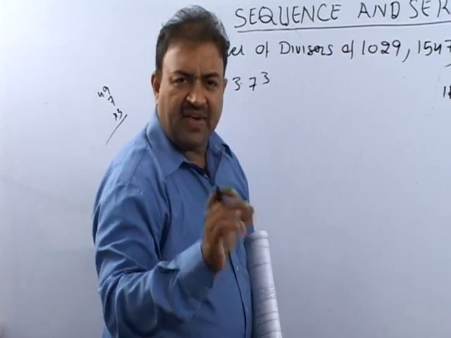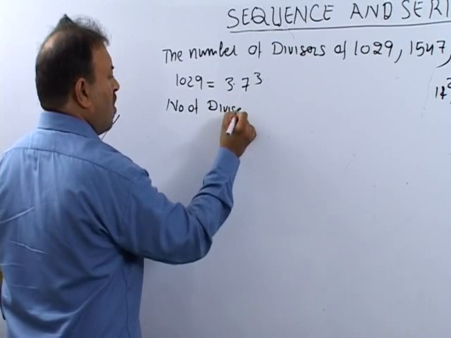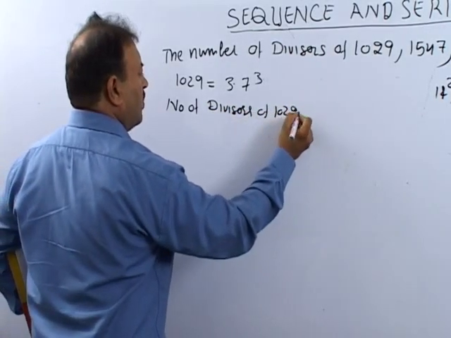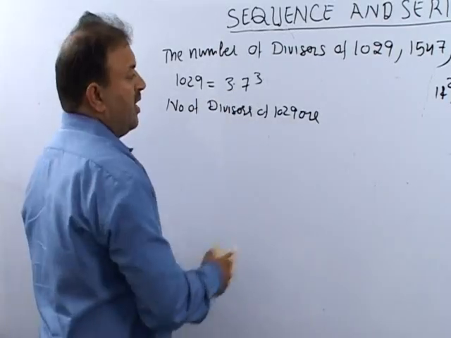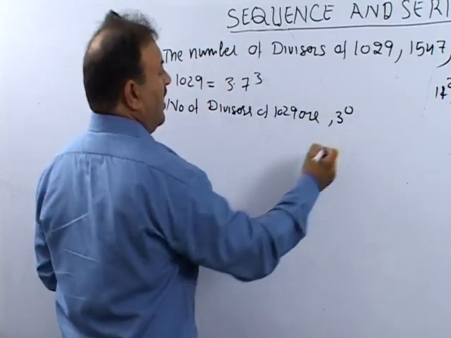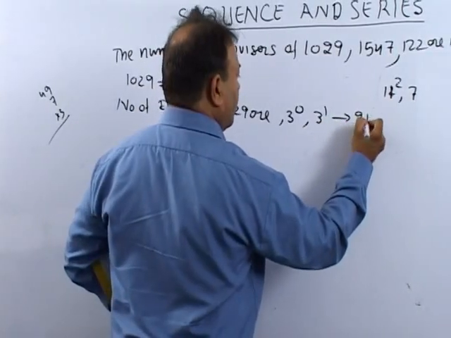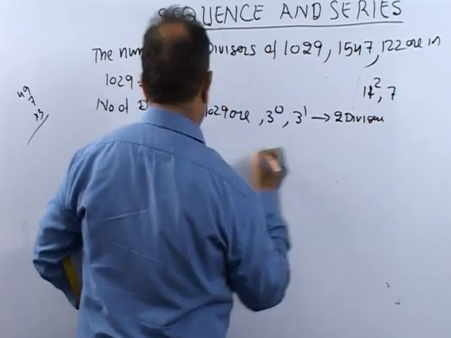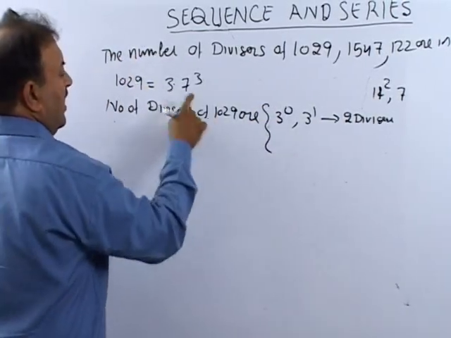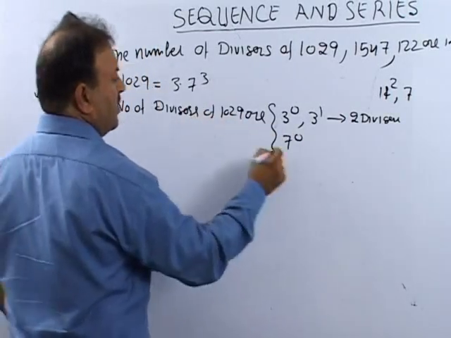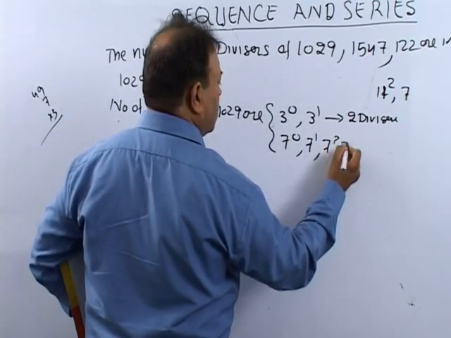Now we have to find the divisors. So the number of divisors of 1029: which ones will there be? One divisor is 3 to the power 0, another is 3 to the power 1. So 3 has 2 divisors. Now the number of divisors of 7: 7 to the power 0, 7 to the power 1, 7 squared and 7 cubed.